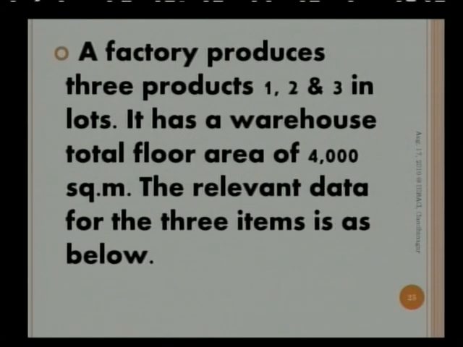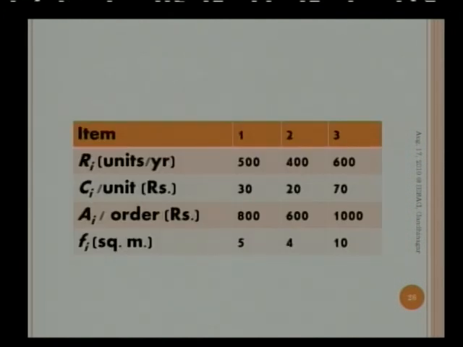Suppose we have an example here. A factory produces 3 types of product, say 1, 2 and 3, and the total warehouse floor area available to us is 4000 square meters. The relevant data for these 3 items is given by this table, which shows the information about the first, second and third product.